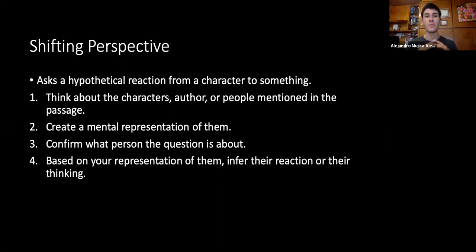Make sure that you know which person you're supposed to think like, because it's easy to get lost in this changing of perspective and to think as someone they're not asking you to think like. So if they ask you about the social psychologists, think about when the social psychologists are mentioned. Only then. That mention is the only thing that will matter to your representation of their character. Does that make sense?